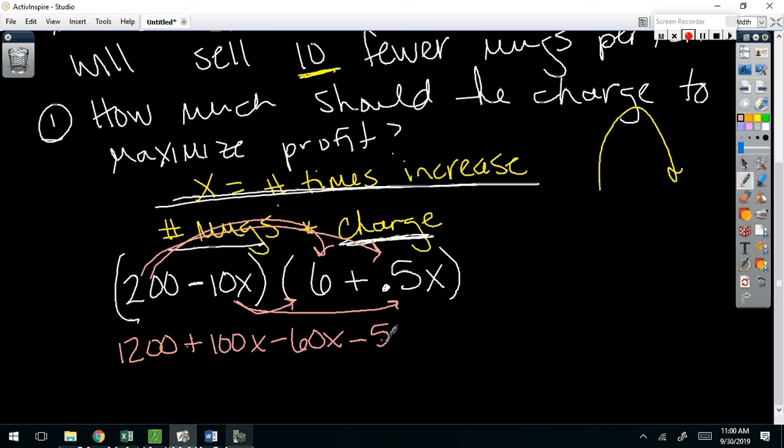And then negative 5x squared. There's my squared term. There's where I know it's a quadratic, right? And then you have to put it back into standard form. If I put it in standard form, now I can look at this and I can tell a lot of things about this without even graphing it, right? It's going down. If I want to maximize profit, I needed it to go down, so that's correct.